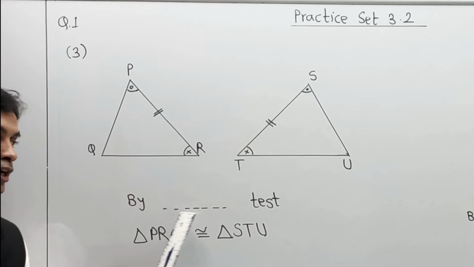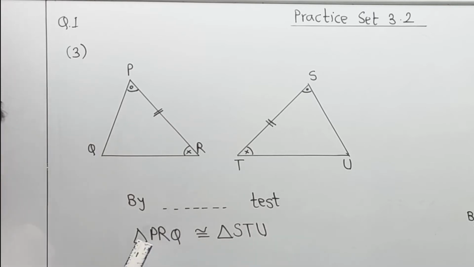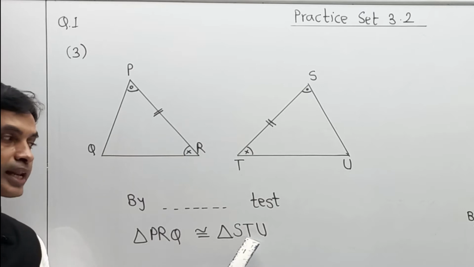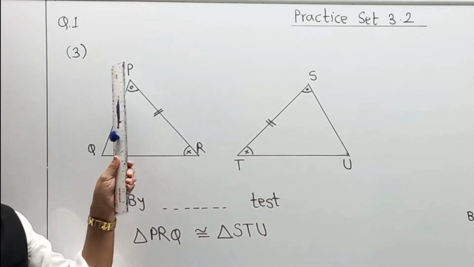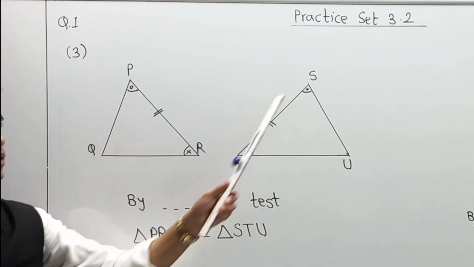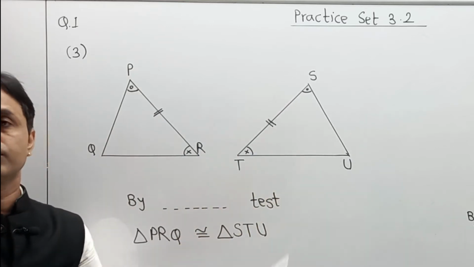First of all, I am going to read the question. By which test is triangle PRQ, meaning the sequence is PRQ, congruent with triangle STU? They have given the condition that triangle PRQ is congruent with triangle STU.